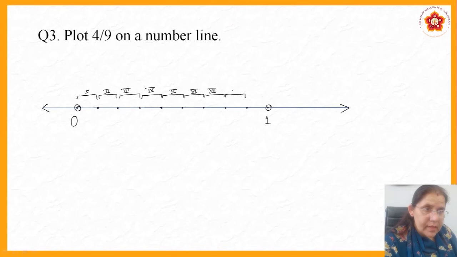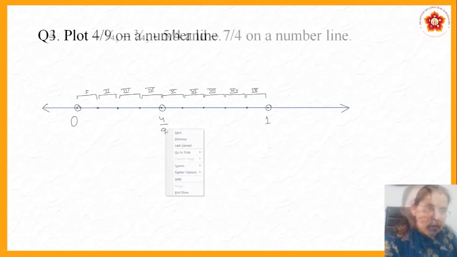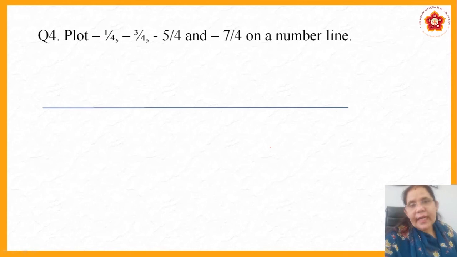Then seventh part, eighth part, and the last one is your 9th part. And we have to plot 4 by 9. So start from 0. Fourth point, 1, 2, 3, 4. So this point is 4 by 9. In the next question we'll take some negative points.